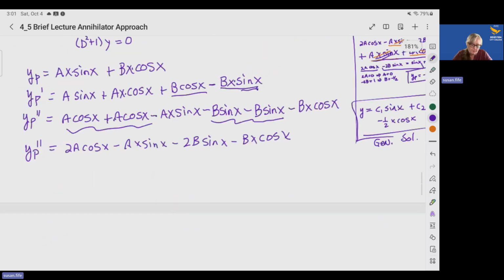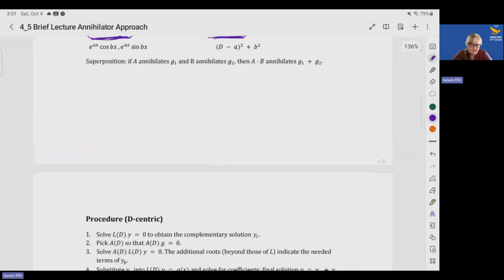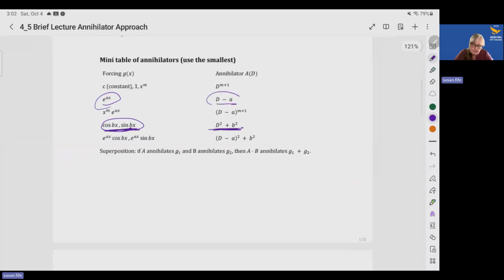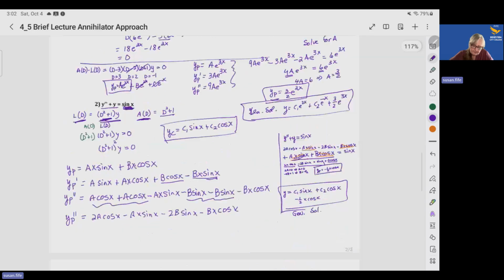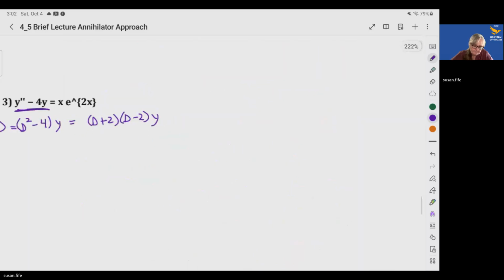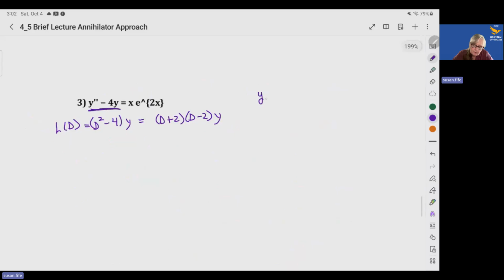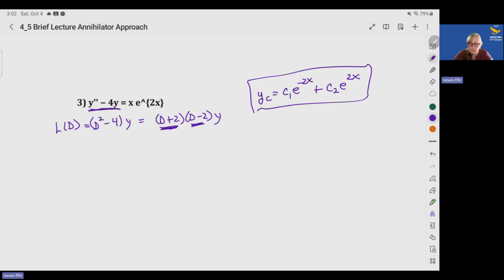If you look at what they annihilate, D minus a annihilates e to the ax. So D plus 2 annihilates e to the negative 2x, and D minus 2 annihilates e to the 2x. So there's my complementary solution: C1 e to the negative 2x plus C2 e to the 2x.